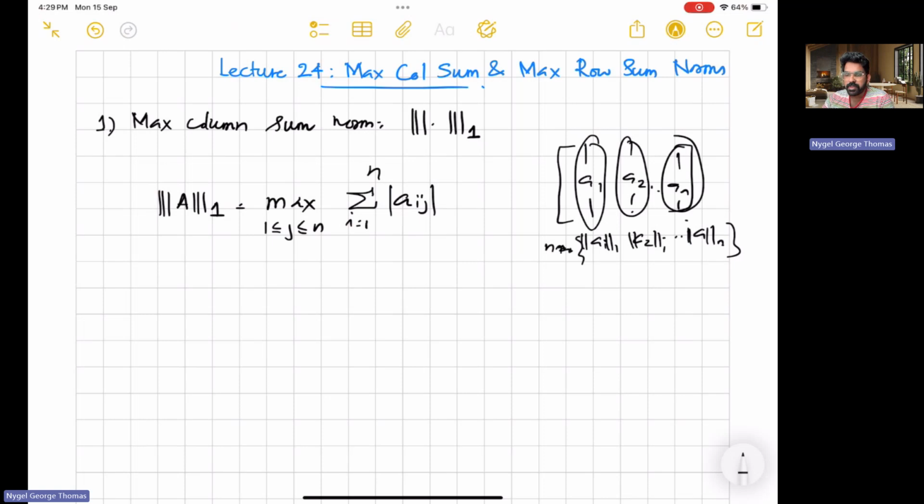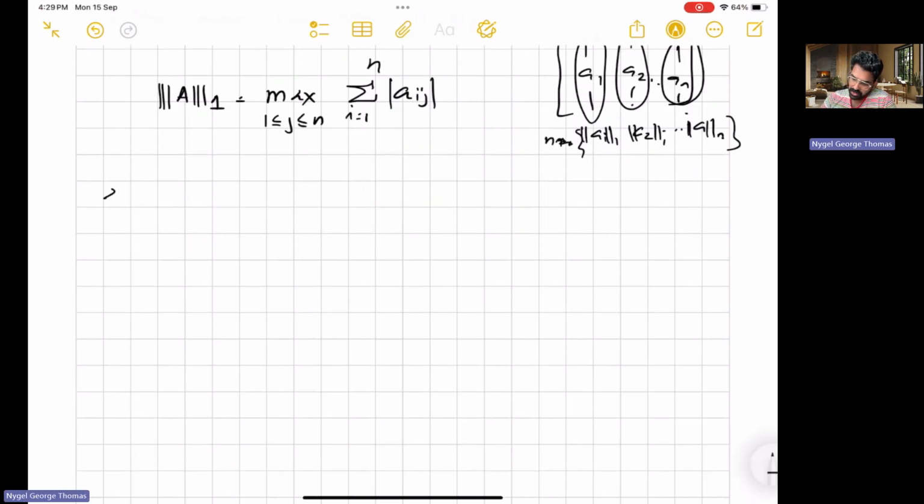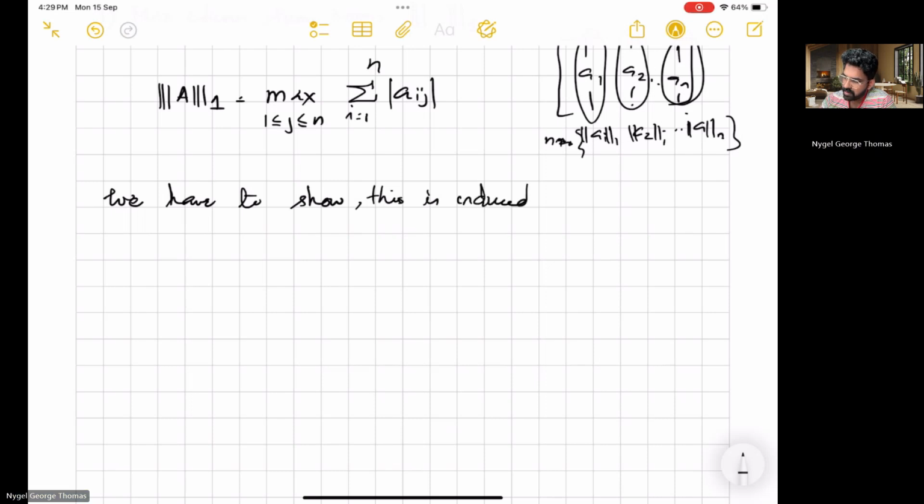Okay, now we have to prove that this is induced from the L1 norm.